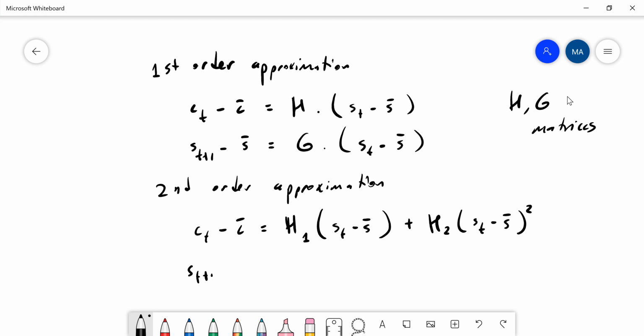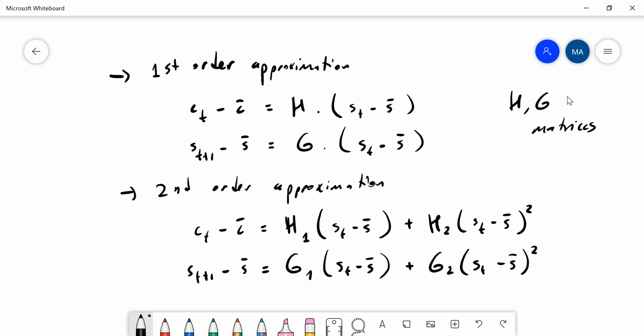And for the transition equation, you will have G1 (S_t minus S bar) plus G2 (S_t minus S bar) squared. Okay, and you can also take higher order approximations.